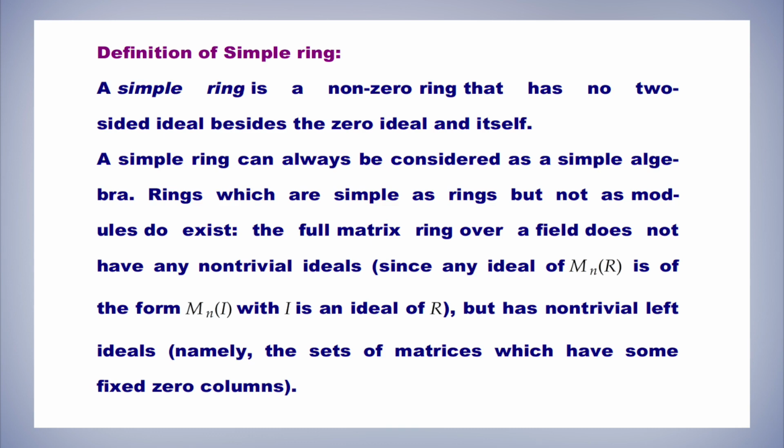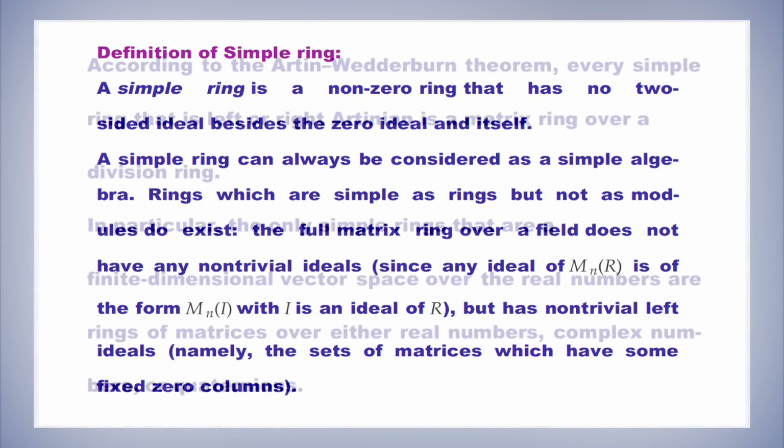The full matrix ring over a field does not have any non-trivial two-sided ideals, since any ideal of Mn of R is of the form Mn of I, with I an ideal of R, but it has non-trivial left ideals, namely the sets of matrices which have some fixed zero columns.